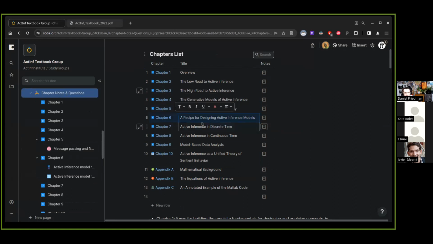Chapter 6, with the recipe for designing active inference models, probably makes more sense after knowing what the generative model is. However, probably you don't have to know it in technical detail. Chapter 7 and 8 on the discrete and continuous time generative models, again, probably helps to understand a generative model. So 7 and 8 might rely on 4. But 9, in a sense, stands alone.